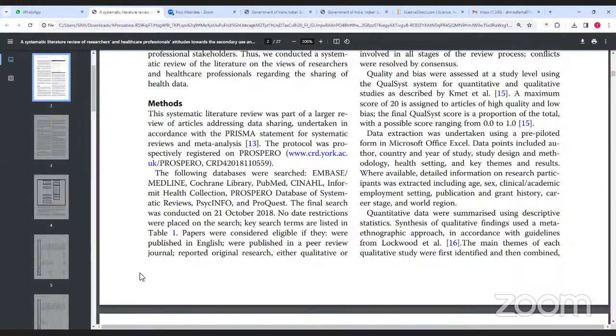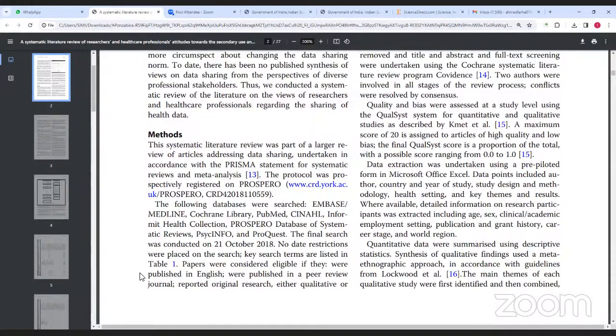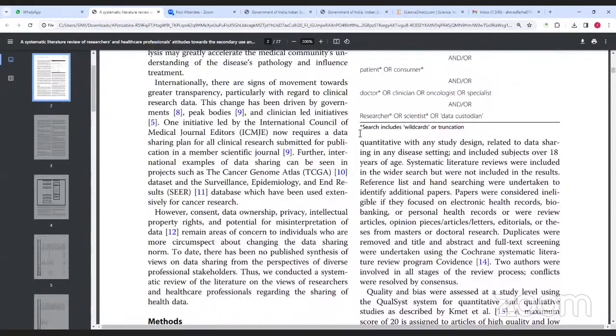Papers were considered eligible if they were published in English, published in a peer-reviewed journal, reported original research, either qualitative or quantitative with any study design, related to data sharing in any disease setting, and included subjects over 18 years of age. Systematic literature reviews were included in the wider search but were not included in the results.